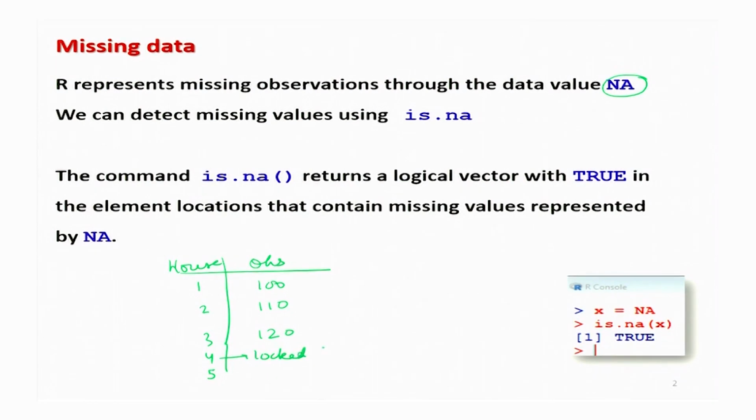So the data will be recorded as NA, and then house number 5 has some value, suppose 105, and that is all. So this is how the data is recorded. As soon as you write NA, the R software will understand that this data is missing. That is the first rule.